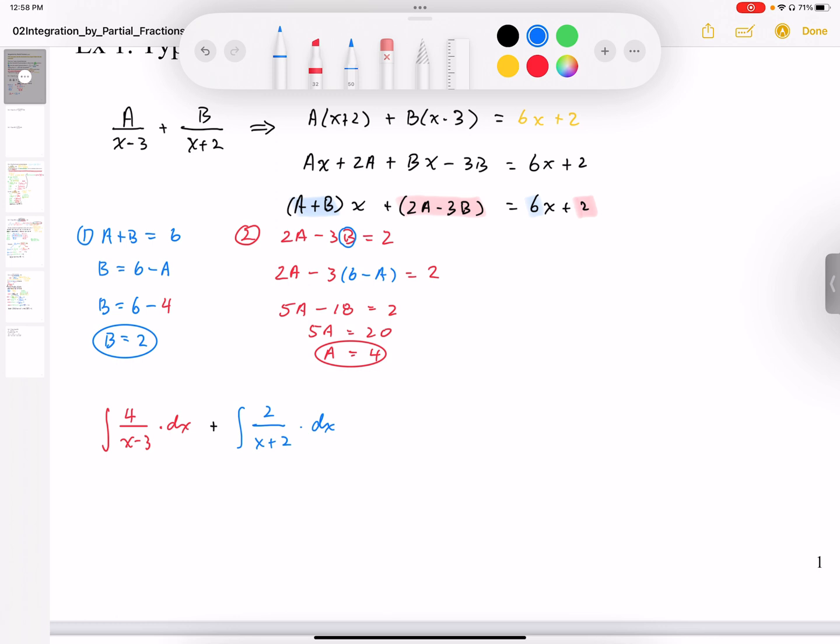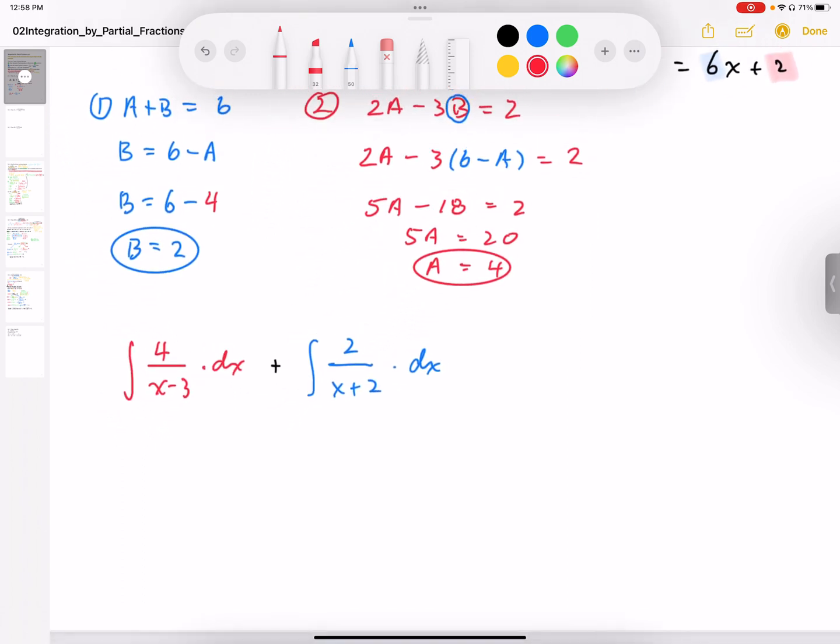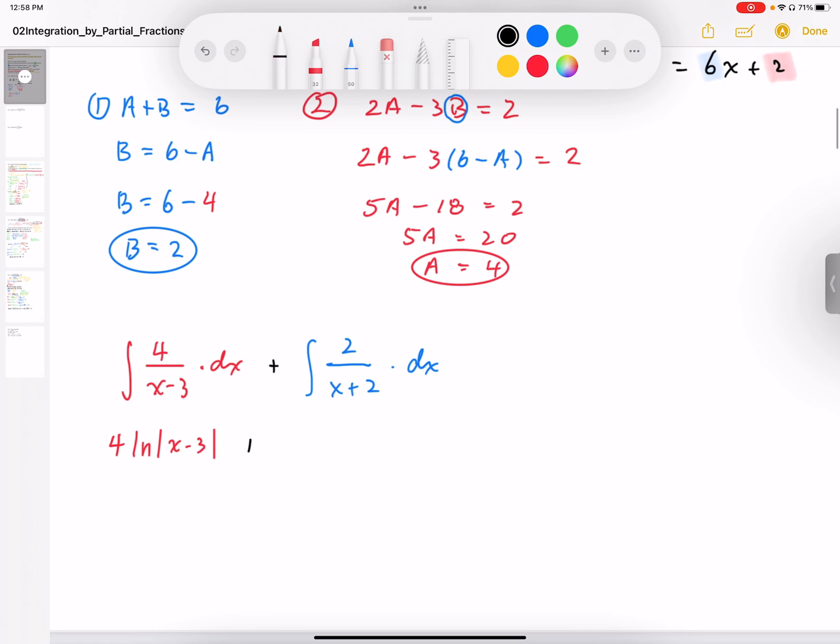Once I've written these, these are linear terms in the denominator, so I can integrate these using the log function. So this becomes 4, a constant we're going to take outside, log of x minus 3, plus 2 log of x plus 2. And then don't forget the plus C.